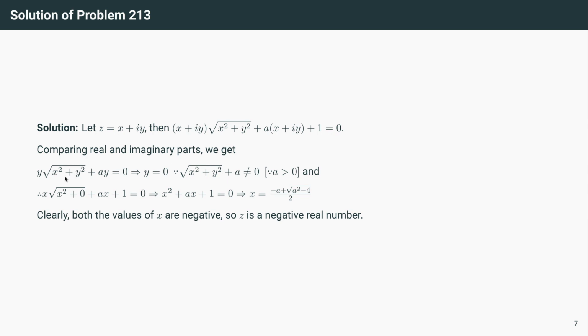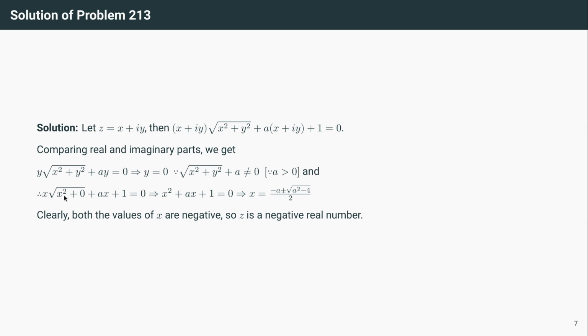Comparing the imaginary part, we have y into square root of x squared plus y squared plus ay is equal to 0. So one of the solutions would be y is equal to 0. The second possibility would be square root of x squared plus y squared plus a equal to 0, which is not possible because a is greater than 0 and this is mod z, which is always non-negative.